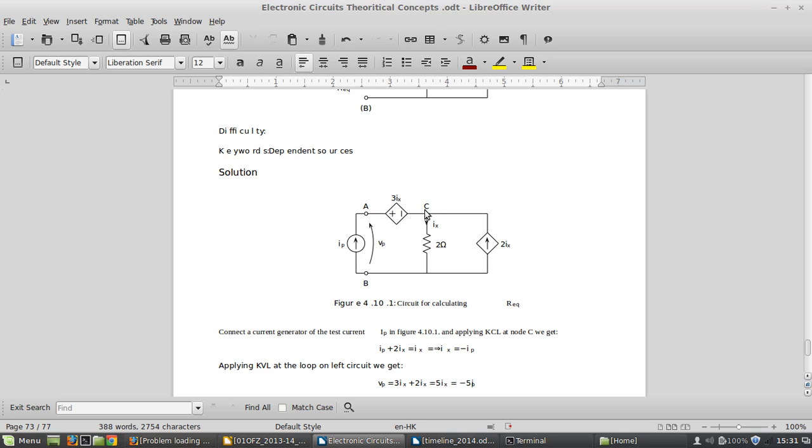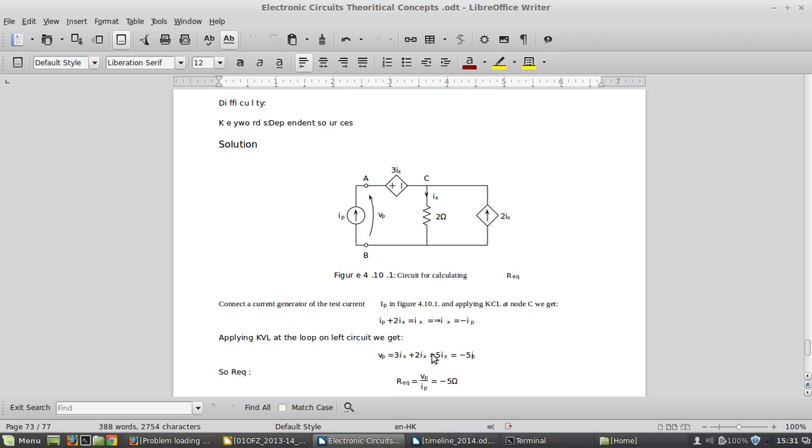So the value of Vg is obtained, and lastly we obtain a value of V, substituted, and you can check it out here.